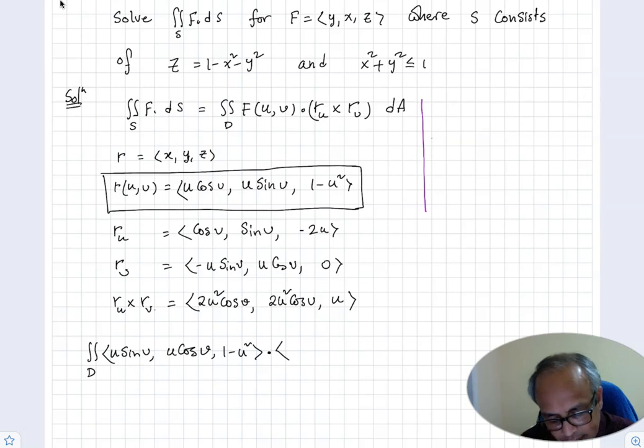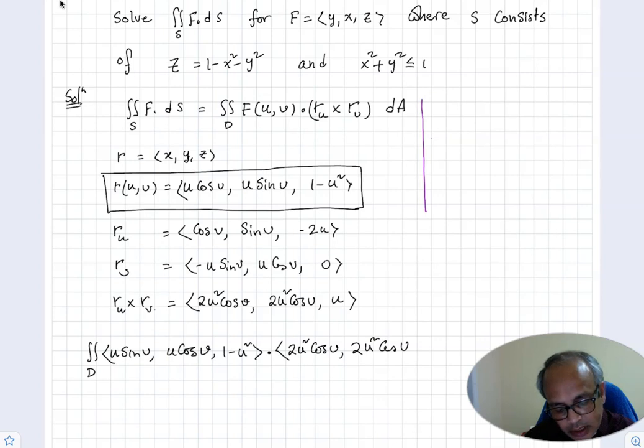Okay, and take the dot product with r_u cross r_v, which is 2u square cos v comma 2u square, so 2u square cos v comma 2u square cos v.